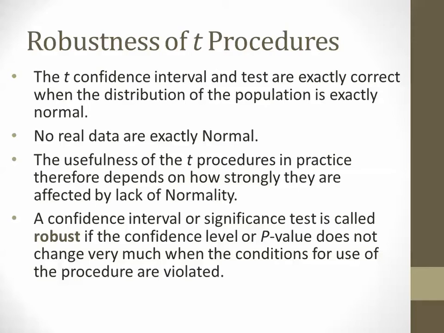So we call these t procedures robust if the confidence level or the p-value doesn't change when the conditions for use of the procedure are violated. And it's when you have something that is incredibly normal or a very large sample size that happens.